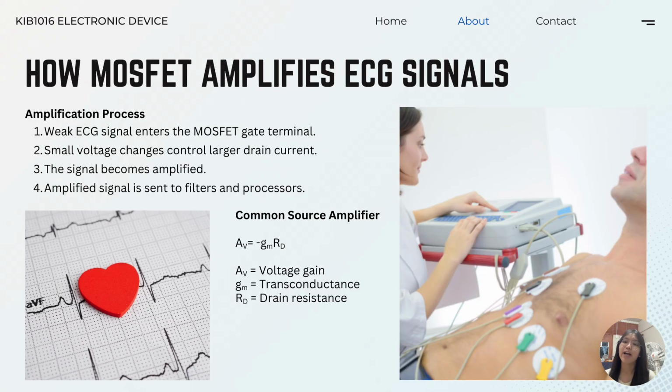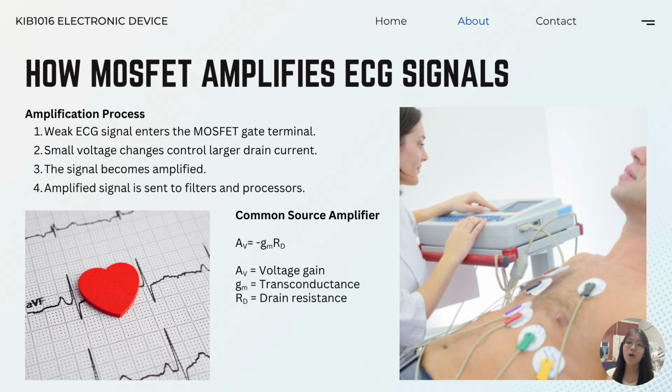Next, I will explain how a MOSFET amplifies ECG signals. The weak ECG signals enter the gate terminal of the MOSFET. Small voltage changes at the gate control a larger drain current flowing through the device. As a result, the signal amplitude increases, producing an amplified output signal.